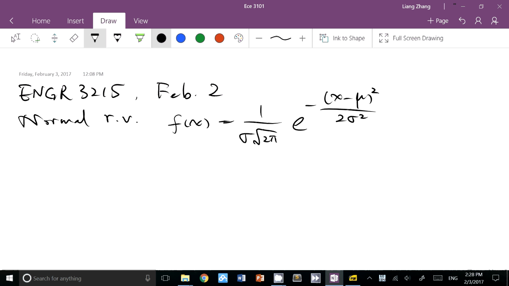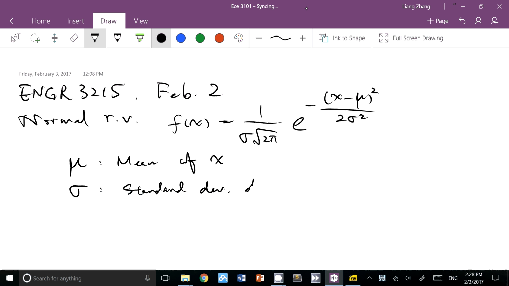In this probability density function, you have two parameters. One is mu, which is the mean of your random variable x, and the other is sigma, which is the standard deviation of my random variable x.